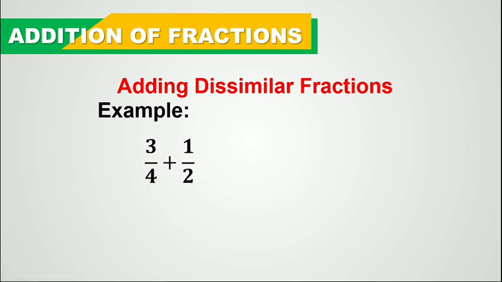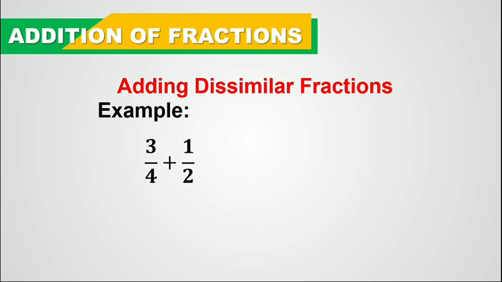You have to find first their LCD, or lowest common denominator. The lowest common denominator is a number that can be divided by both of the denominators, by 4 and 2, wherein the quotient is a whole number, alright?